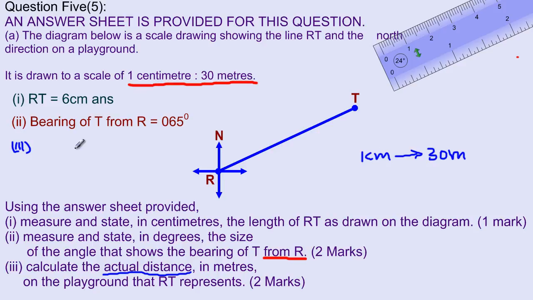So if I wanted the actual distance from R to T, I would simply take my 6, because if every 1 is mapping onto 30, that means I have 6 sets of 30 meters. So RT is equal to 6 multiplied by 30, which is 6 times 3, that's 18, and I'm going to simply add a 0. So I would have 180 meters, and that's my answer.